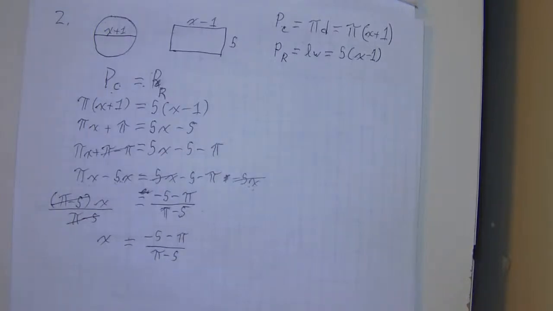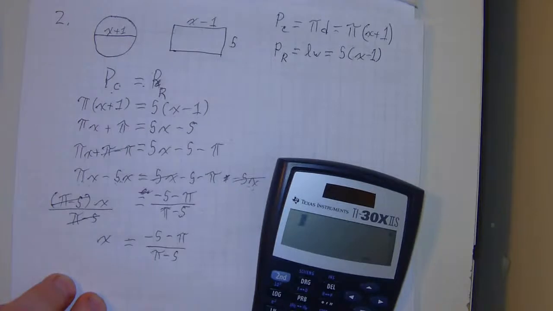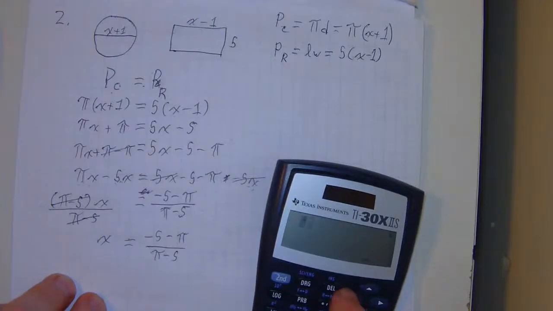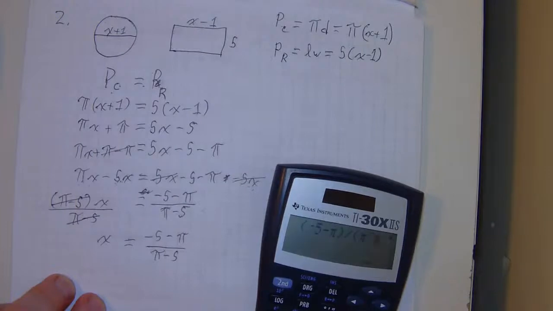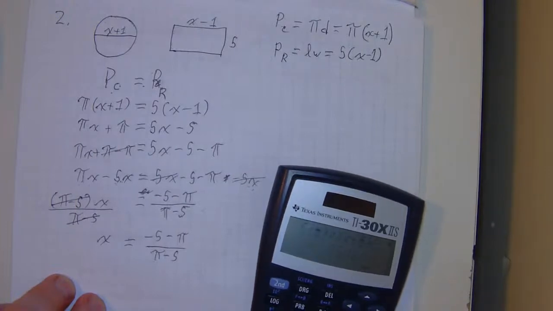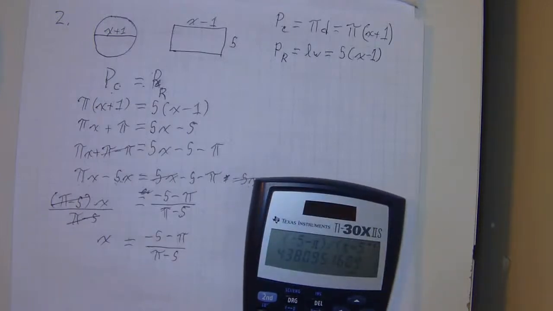And I think that I changed a number when I typed in this example, that I should have used 2 and x minus 1 instead of 5 and x minus 1, because when we put this into our calculator, we get, let me put brackets here, negative 5 minus pi divided by brackets pi minus 5, we get 4.38095.